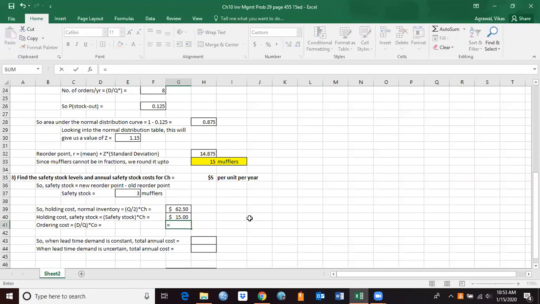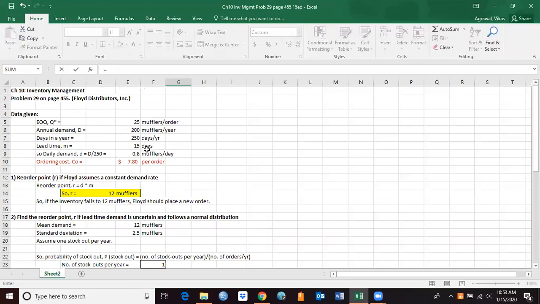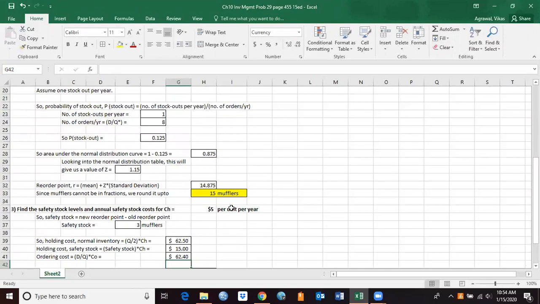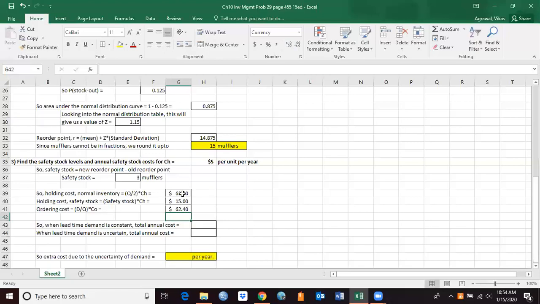That's going to be given by my annual demand divided by Q times my ordering cost. That's the new information we added, not given in the problem as such. So that's going to roughly give me 62.4, very close to the holding cost, and we know that at the optimal level they need to be very close to each other, which we have here.